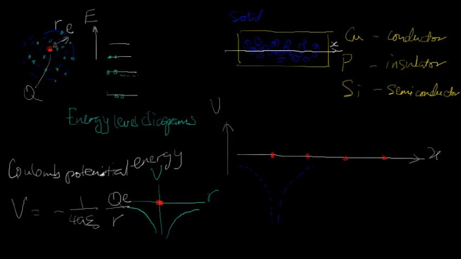Each of these nuclei would have this Coulomb potential energy around it that would be experienced by the surrounding electrons. Okay, and so on.